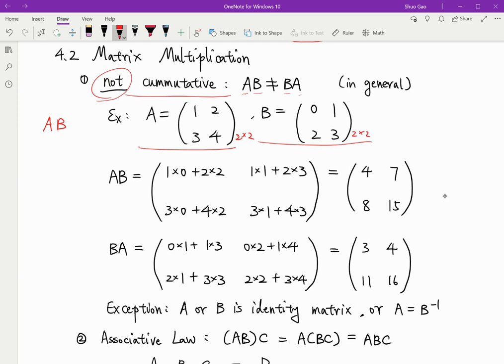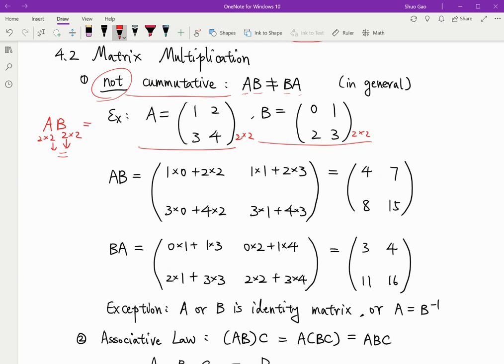Because the column dimension of A is 2, and the row dimension of B is also 2. So these two numbers are equal to each other. So it's conformable, right? So in this case, we can calculate A times B.